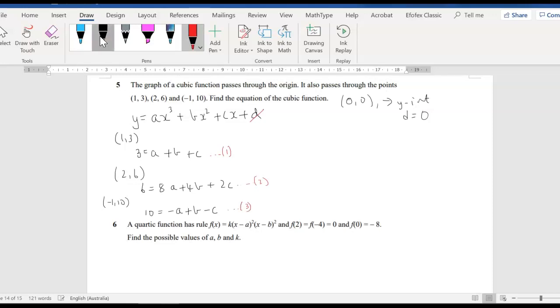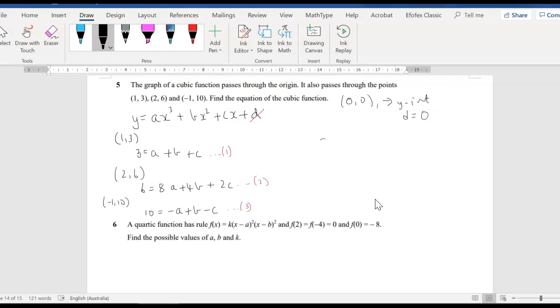Now, we can solve these quite easily on the calculator, but we need to not use our calculator. So I'm going to just focus on equation 1 and 3 at the moment, just because all the coefficients of a, b, and c are all 1 or negative 1, a little bit easier to work with. So for equation 1, what am I going to do?